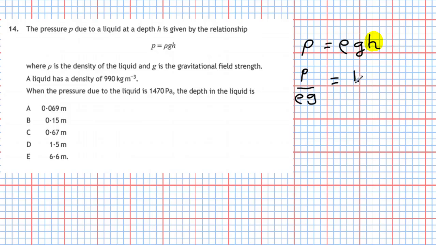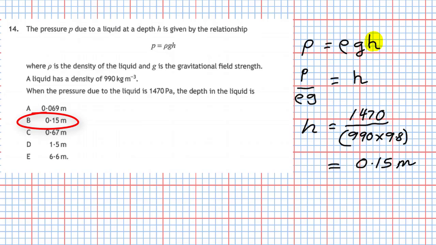Plugging in the numbers, h equals the pressure, 1470 pascals, divided by, in brackets, the density, 990 kilograms per metre cubed, times the gravitational field strength, 9.8. On the calculator we get an answer of 0.151515, which we round to 0.15 of a metre. So question 14 is answer B.